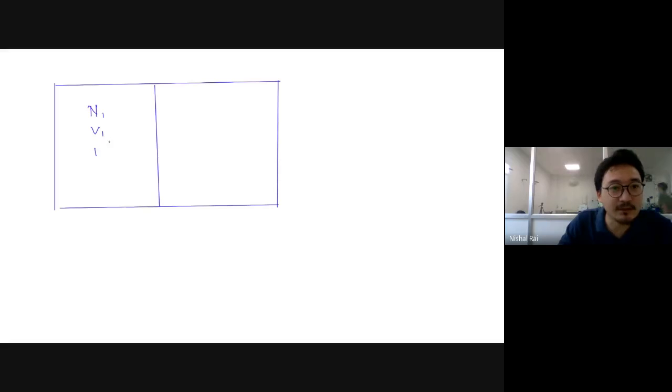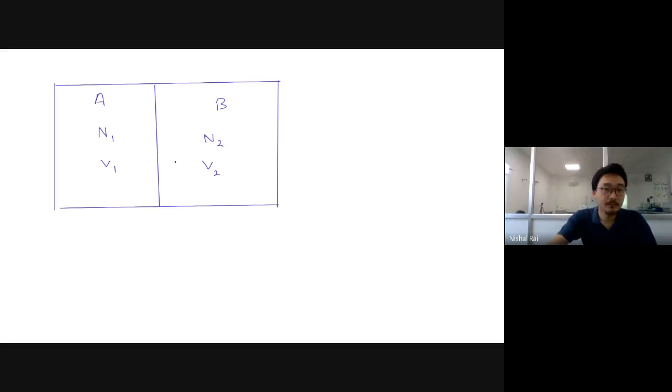Let's call this box A and box B. Number of particles over here is N1 and the volume is V1. This is N2, volume is V2. Now initially there will be some entropy over here, S1, and the entropy over here is S2.